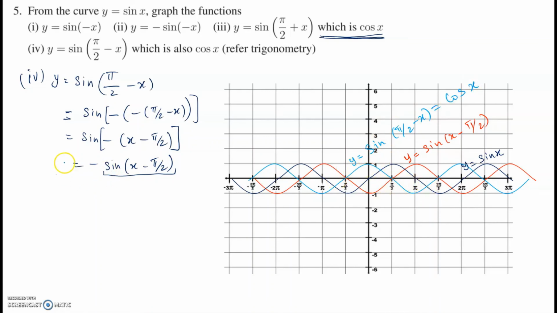So therefore, we can say the function y is equal to sine pi by 2 minus x is also the y is equal to cos x curve.